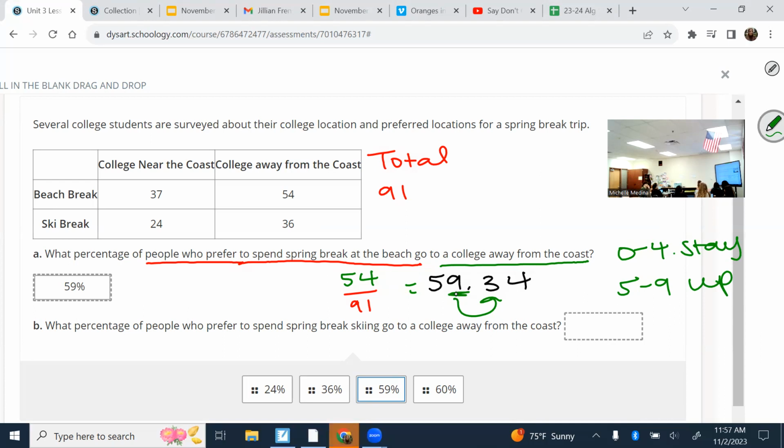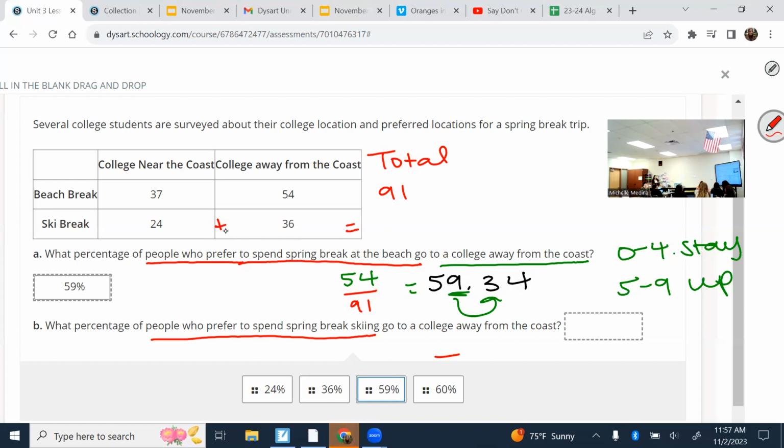Okay, then what percentage? So of the people who prefer to spend spring break skiing, so determine how many people total want to spend spring break skiing. Which things do I need to add? Okay, good.